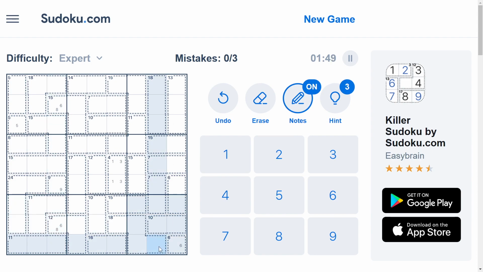Oh, we got this number. 18 and 13 together is 31, 46, 53, 60, 66, 76, and 82. So this should be an 8. Why?